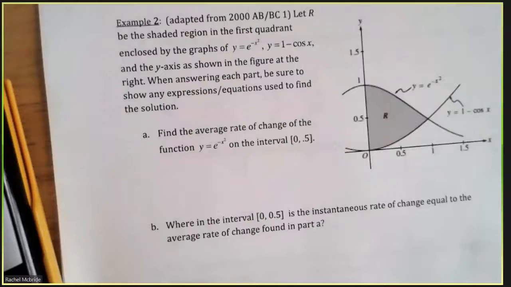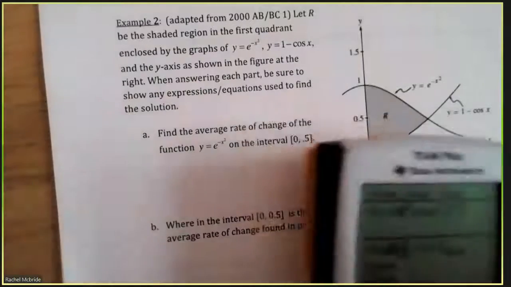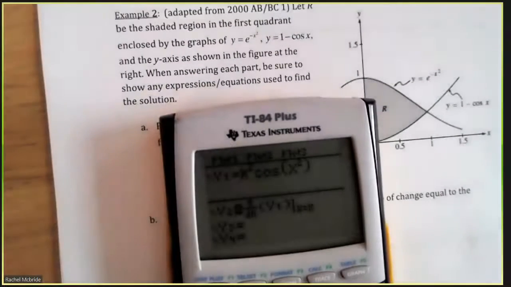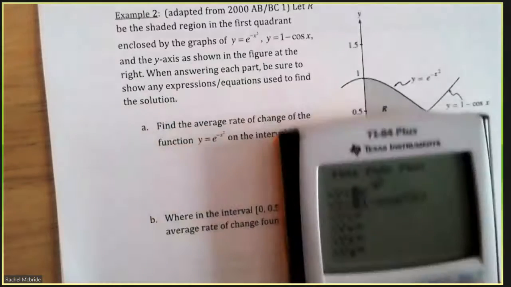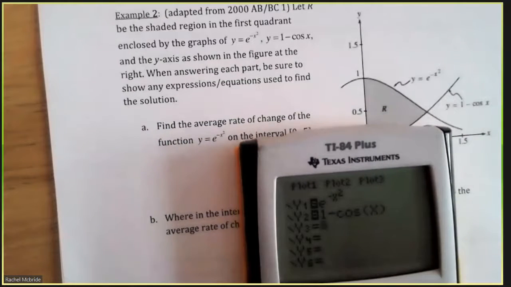So look, if this is the question on the calculator exam, and this is question 1, before I even read through it, I am clearing out whatever's in my calculator and I am typing these two functions in. So I'm hitting second e to the negative x squared. And I'm typing in 1 minus cosine x. Just putting them in. And then it says that it is enclosed by the y-axis.